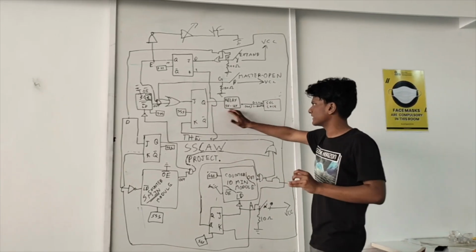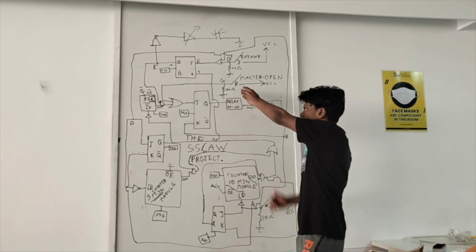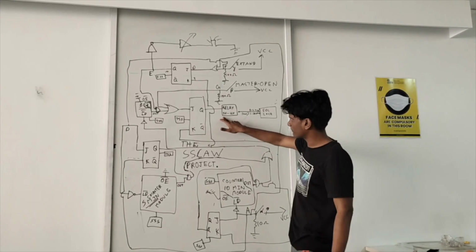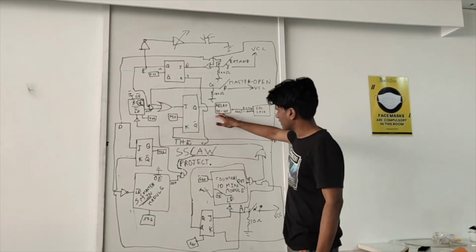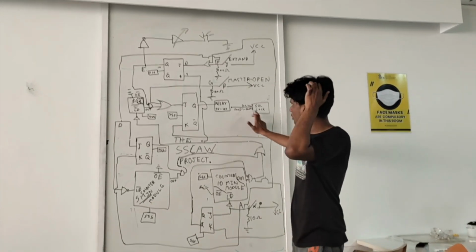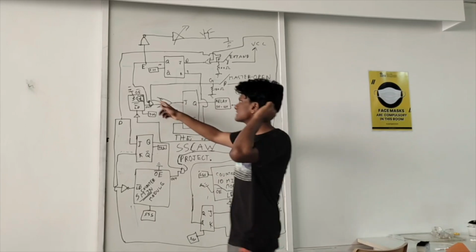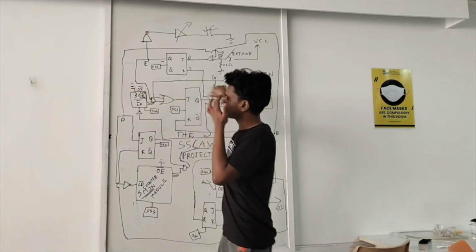There is a relay which converts the 5-volt digital circuit to the 12-volt analog circuit. So from 5 it goes to 12-volt, and since we sent a 1 here, 1 means it's an unlock, so the door will unlock. This happens when the 30-second counter gives the pulse.